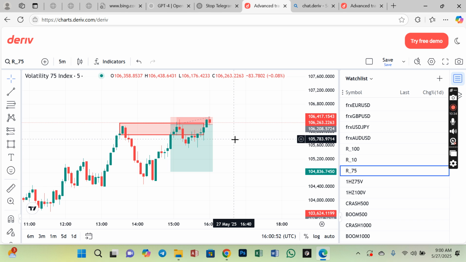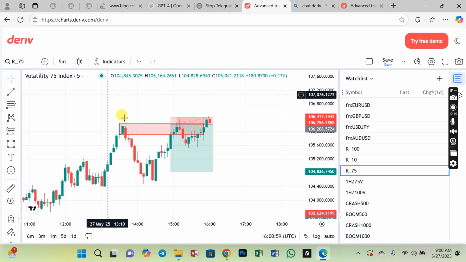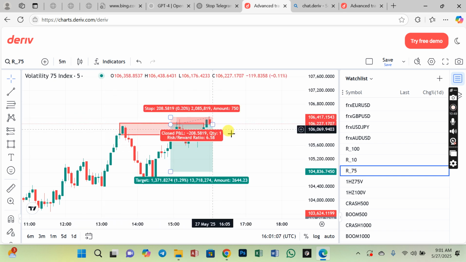You understand? Sometimes they will not play out. But the overall trend of this market from the higher time frame is a downtrend. Okay, but let's see how it goes.